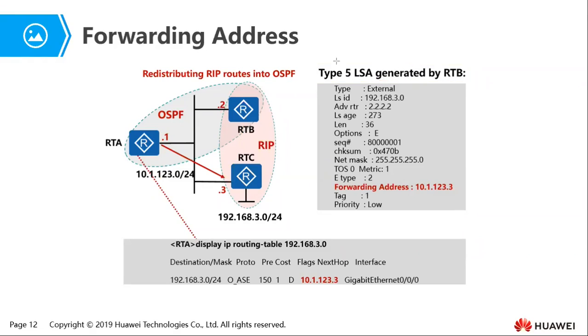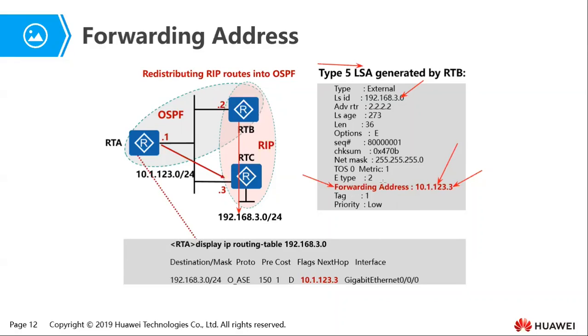So once it knows that, when it generates the type 5 LSA, it will inform RTA using the forwarding address field on the type 5 LSA, which is normally 0.0.0.0, as we saw in the previous slide. It will tell RTA that if you want to go to this network, then use this address as the next hop.